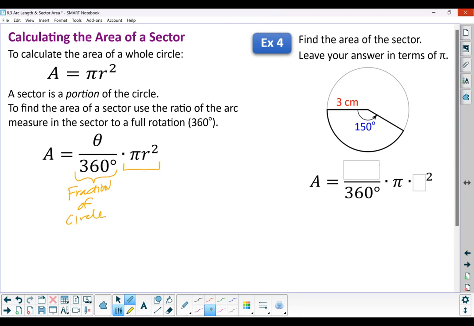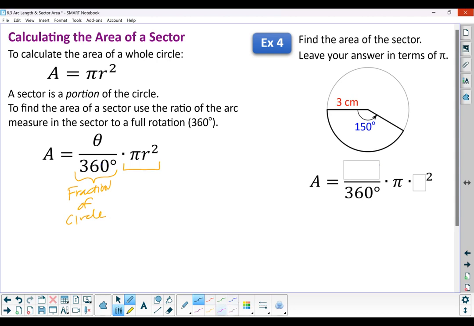If you have a 150-degree central angle, this would be 150 over 360. If we had half of the circle, that would be 180 over 360. So it's just a way of finding out what fraction of the circle you have. So we'll just do the central angle or the arc measure divided by 360 and then multiply it by the area of a circle, pi r squared.